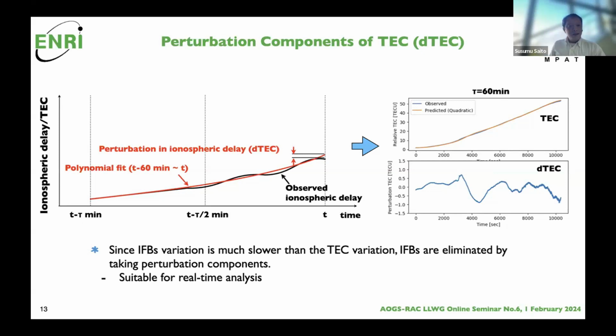The advantage of this technique is that this is the perturbation component, so the interfrequency bias is eliminated by taking the perturbation. So the analysis is rather easier and suitable for real-time analysis.